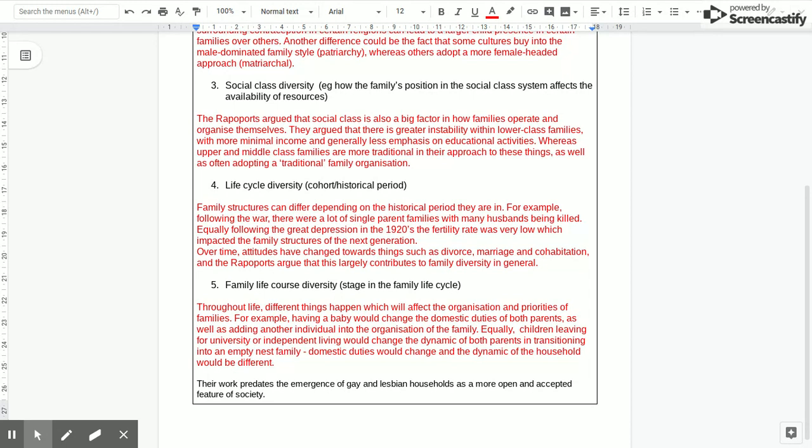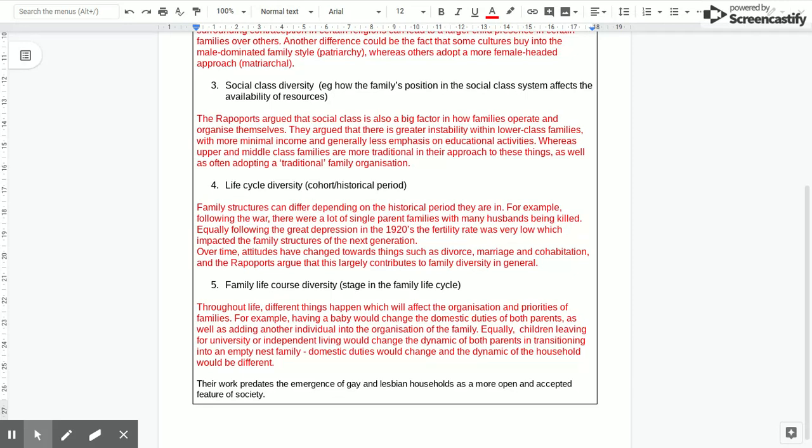They might be more likely to have those sort of conventional family types, if you like. They might have a more conventional attitude towards education, for example. They might be more encouraging of their children sort of succeeding and place emphasis on educational activities, whereas a working class or a lower class family might not.